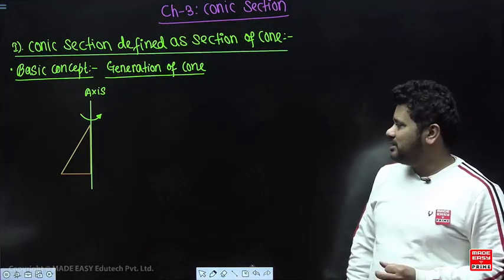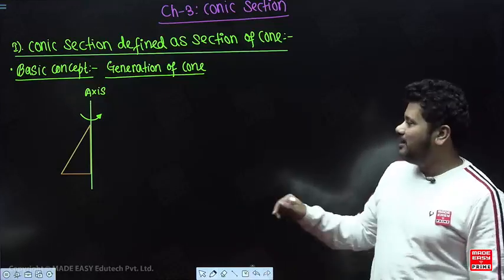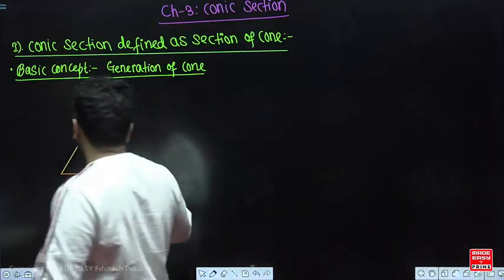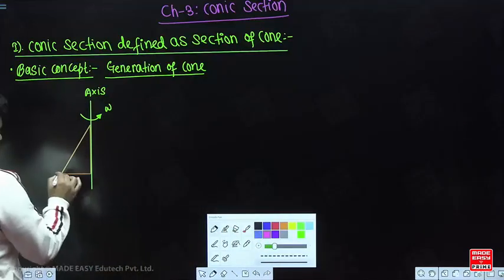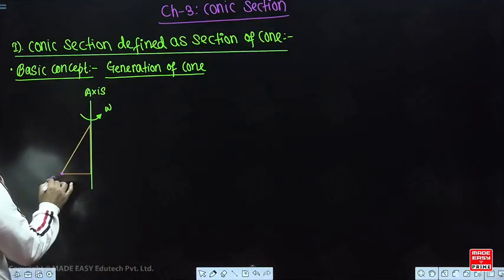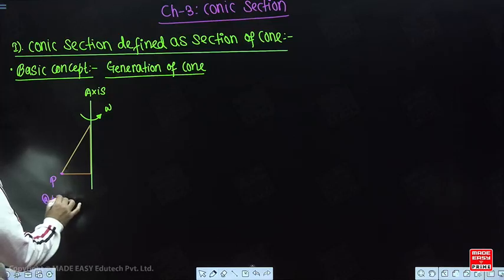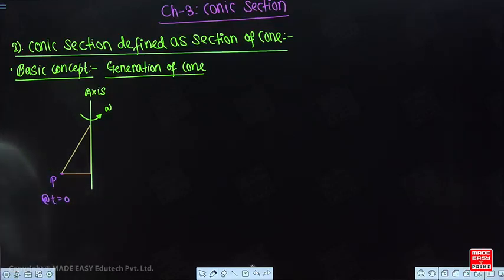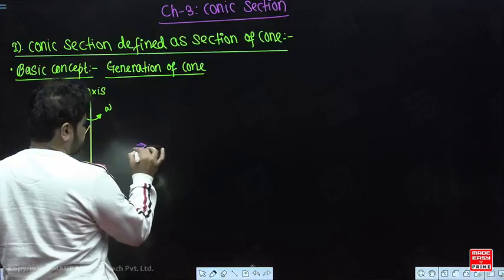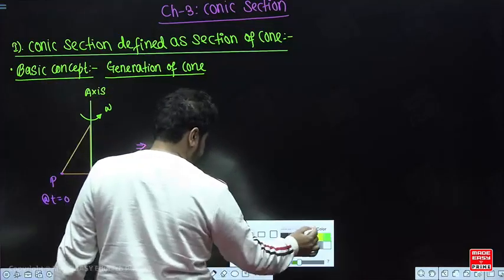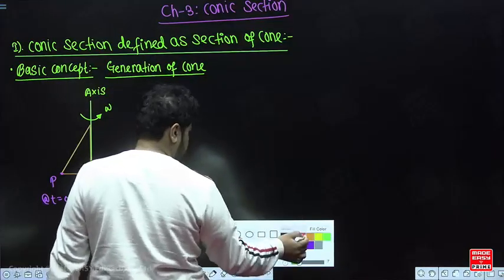So for this what I am doing is, I am taking one triangle and I am rotating it with certain angular speed omega, correct? Omega. Let us consider there is a point over here, P, at t is equal to 0. Right. So after rotation what you will see?